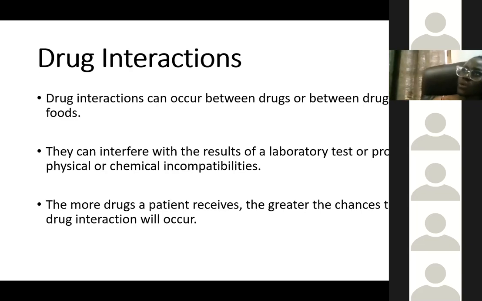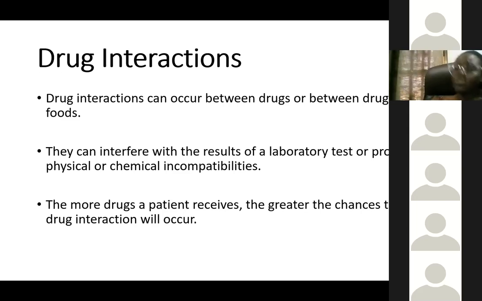If you give sodium bicarbonate to a patient and you check their sodium level, it might be high. Or if you check the pH, it might be high because sodium bicarbonate is alkaline, so it will cause the blood to become alkaline. And this acidity or alkalinity of the blood can affect the metabolism of certain medications.